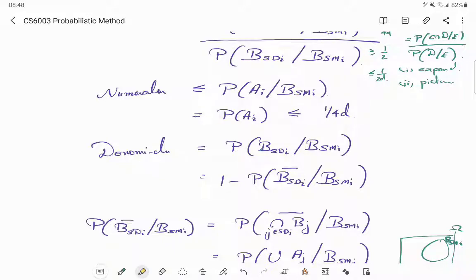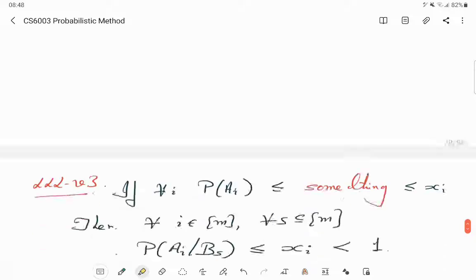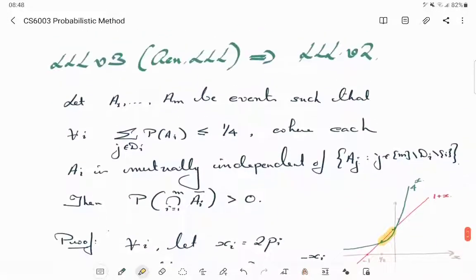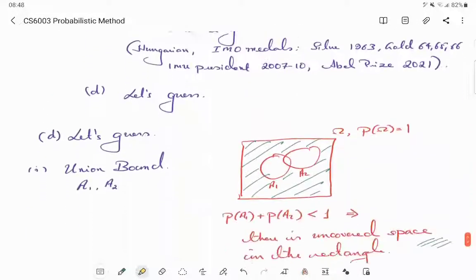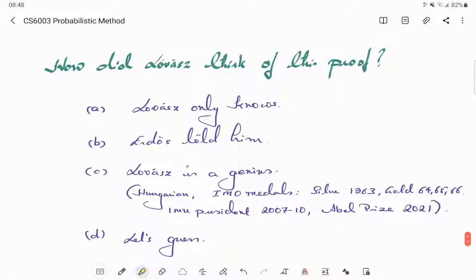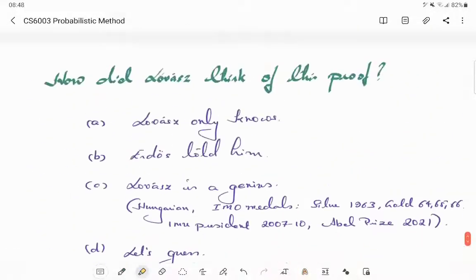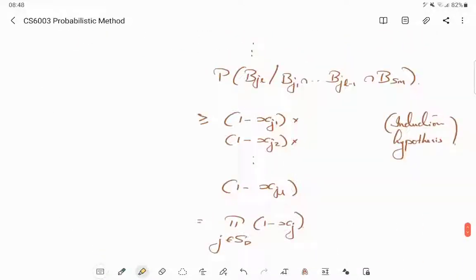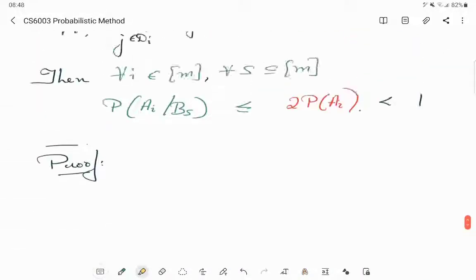I have a whole section which I'll not record, where I was trying to think about how Lovasz should have thought of this proof. At least I could not find a convincing picture proof or an intuitive proof of this statement.